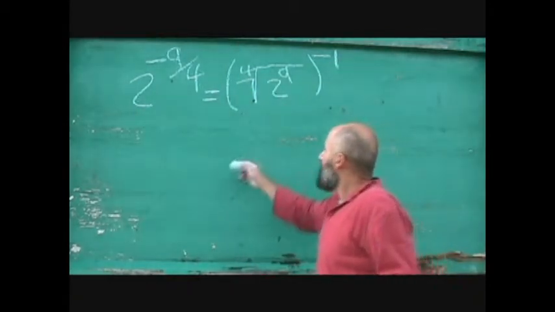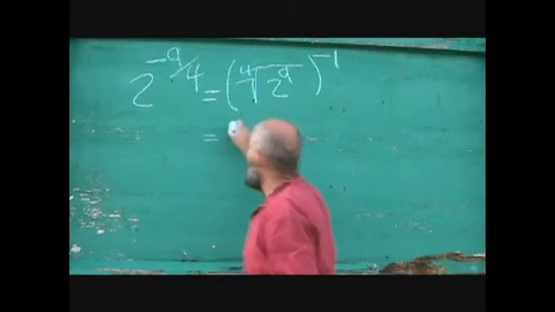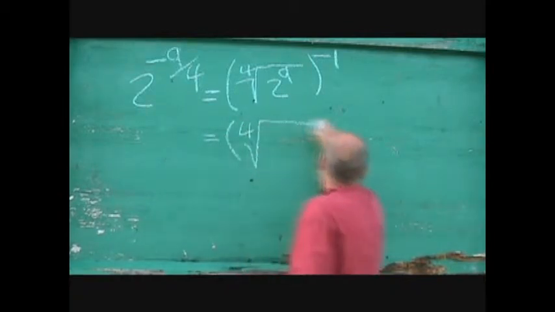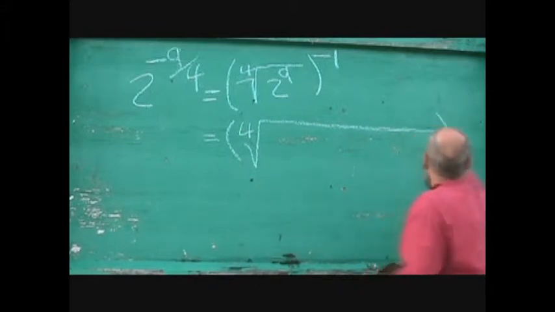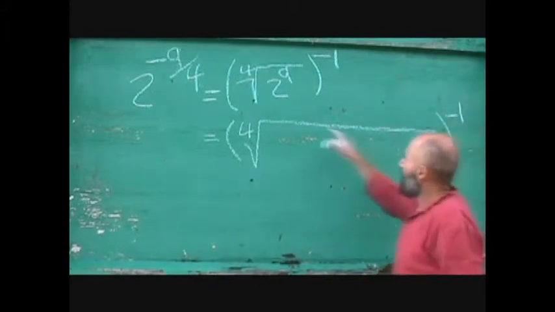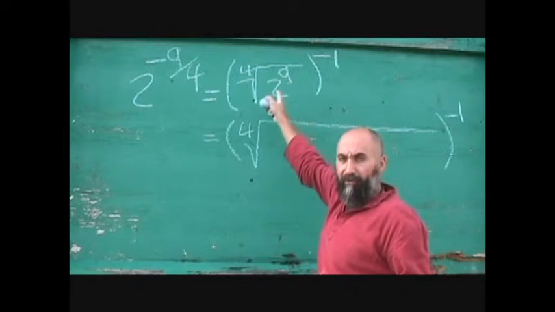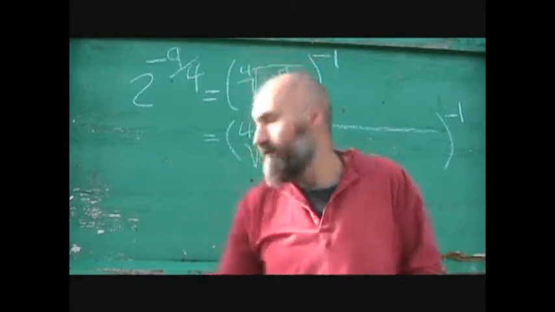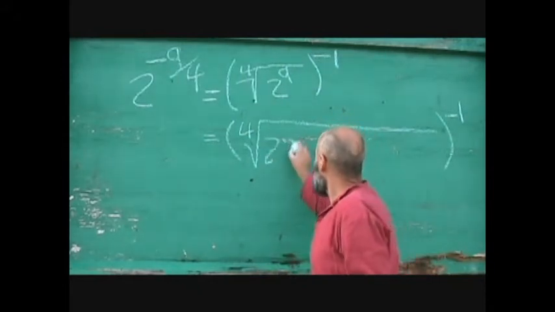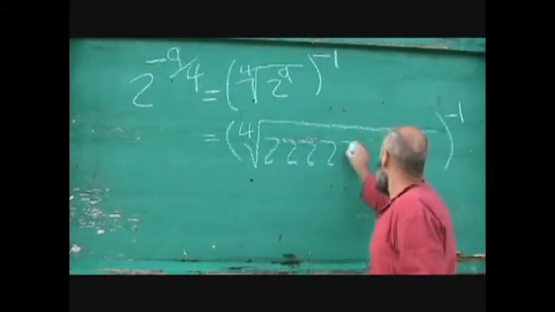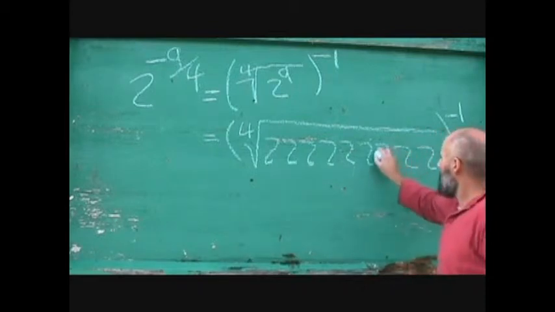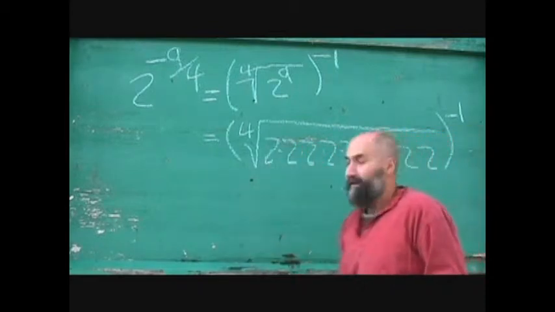Now, the way this works is, this is equivalent to the 4th root of 2 to the power of 9, all to the negative 1. 2 to the power of 9 means 2 multiplied by itself 9 times: 1, 2, 3, 4, 5, 6, 7, 8, 9.